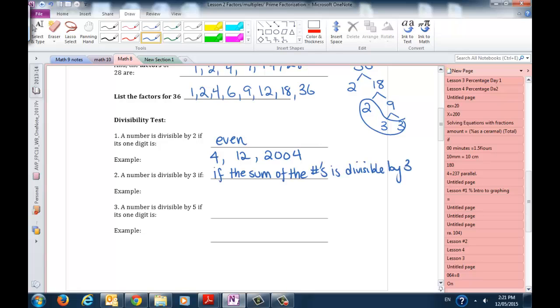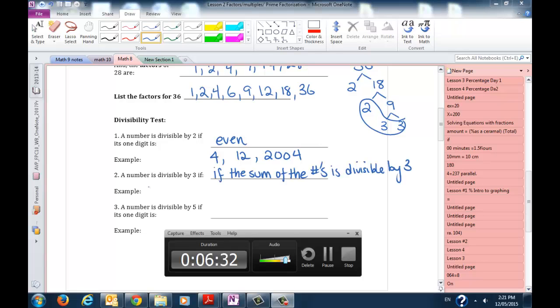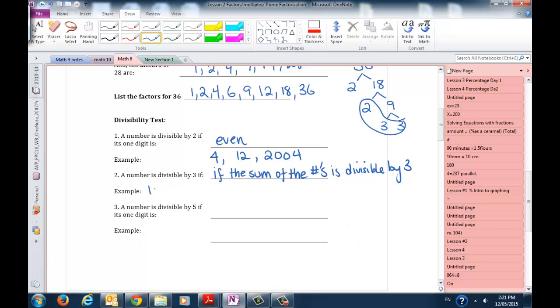Well, what does that mean? Let's do an example. So if I have the number 123, and I want to know if 123 is divisible by 3. If I add 1 plus 2 plus 3, I get 6. And 6 is divisible by 3.